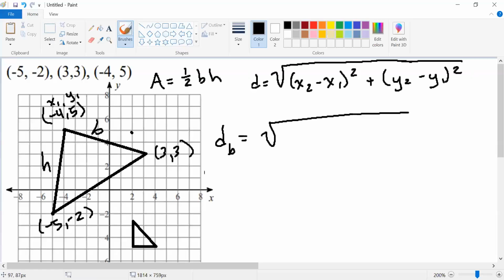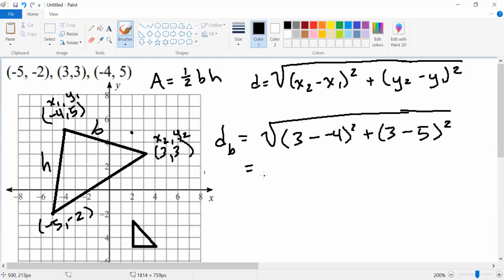So that's x1, y1. This is x2, y2. I'm just going to plug them in. I'm just going to start substituting them. So let's see, 3 minus -4 squared plus 3 again minus 5 squared. All right.